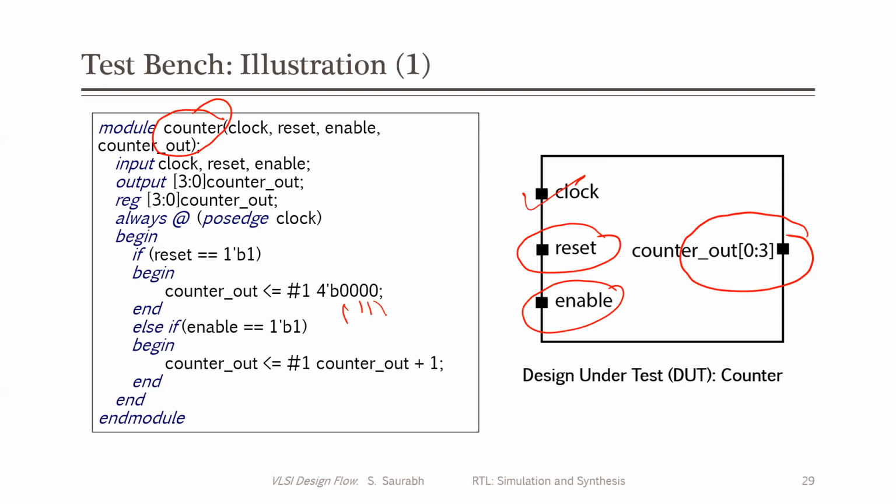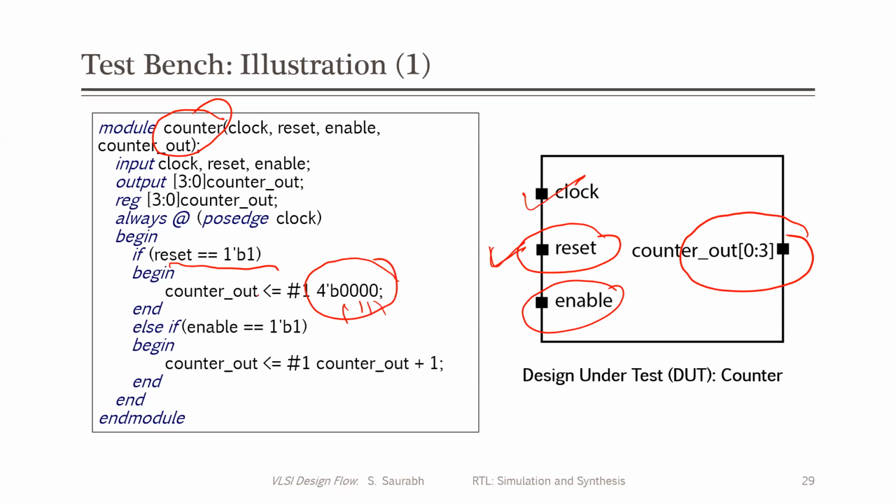Now suppose you start with a reset signal of 1. Whenever reset is made 1, the output of the counter goes to 0, with a delay of 1 time unit.